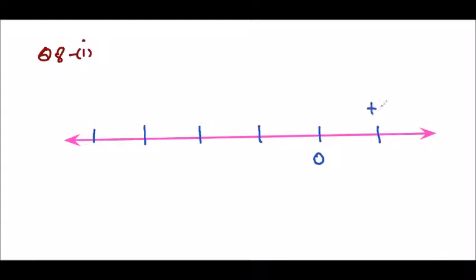Let us suppose this is +1, this is 0, -1, -2, -3, -4, etc. I will solve in two ways. For example, one, first of all, divide each larger part into 4 smaller parts because we have -11/4. So each part will be divided into 4 smaller parts.